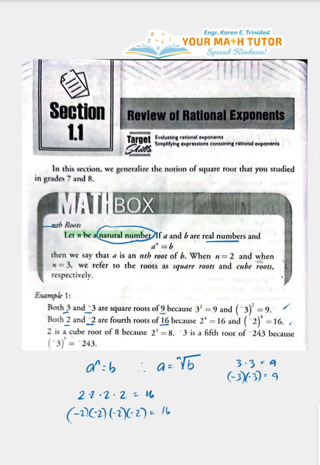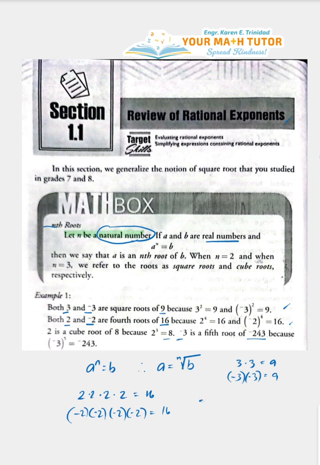And 2 is a cube root of 8 because 2 times 2 times 2 is equal to 8. And for this example, negative 3 is the fifth root of negative 243.